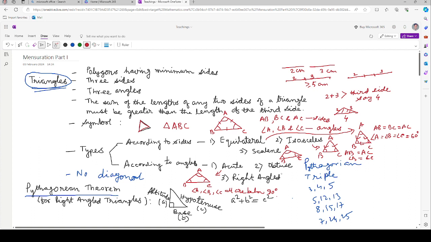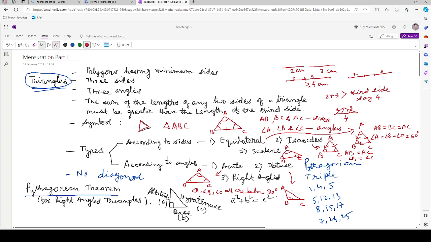But for an obtuse angle triangle, if any one angle of a triangle is an obtuse angle, then this triangle is known as an obtuse angle triangle, right? For an acute angle triangle, all three angles are acute angles.